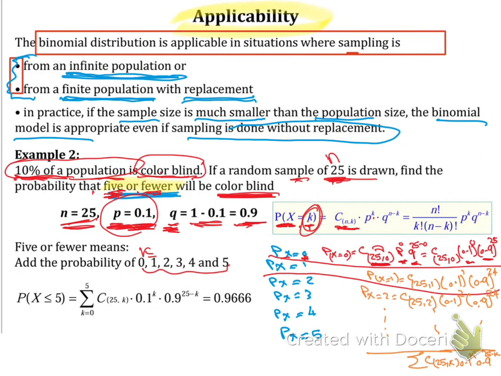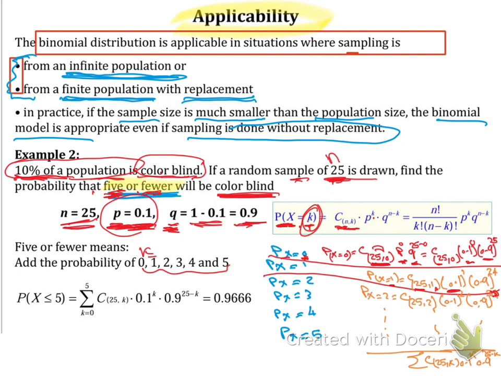Just write 25, then the NCR button, then 0. You will get it. And the same thing for 1. If x equals 1, it will be C(25,1) times 0.1 to the power 1 times 0.9 to the power 25 minus 1, and so on for the rest.